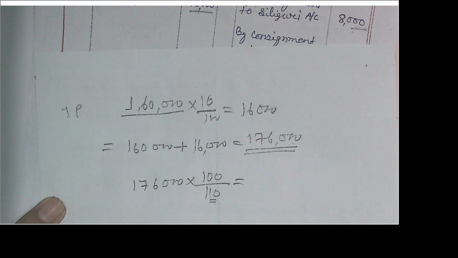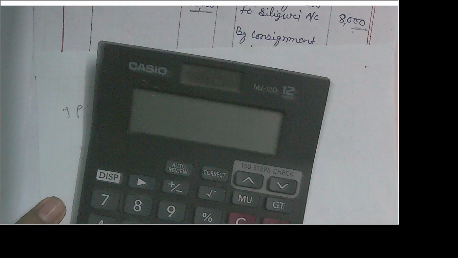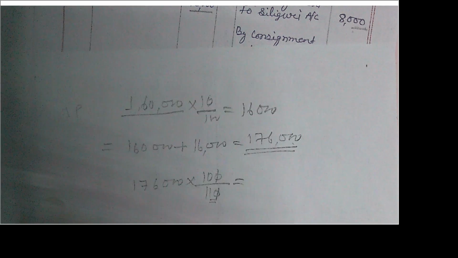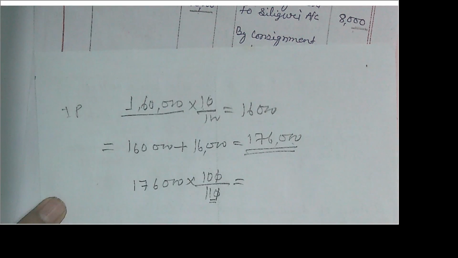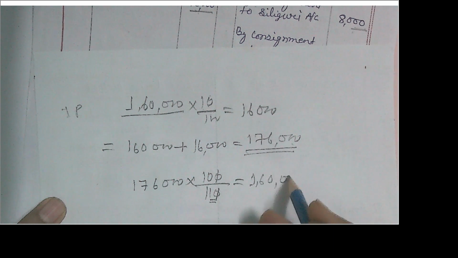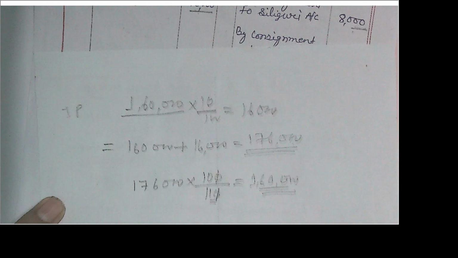You see here, this 10 cancels, so 1,76,000 divided by 11 multiplied by 10, you will get 1,60,000. So 1,60,000 is calculated in the same manner.